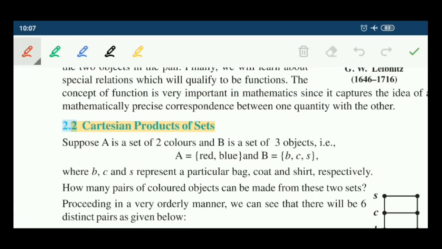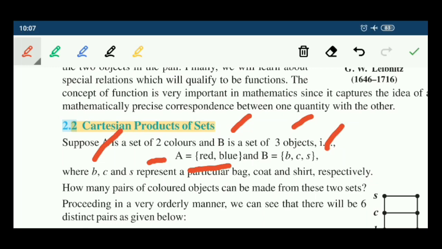Let us suppose you take two sets, set A and set B. Set A has two colors and set B has three objects. In roster form, set A contains two colors, red and blue, and set B contains three objects. The names of the objects are B, C and S.